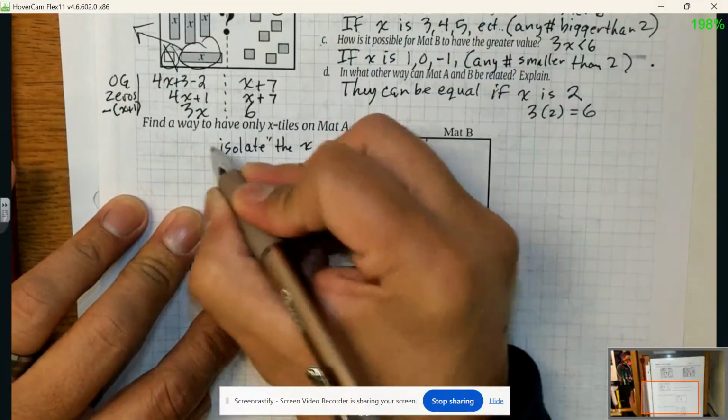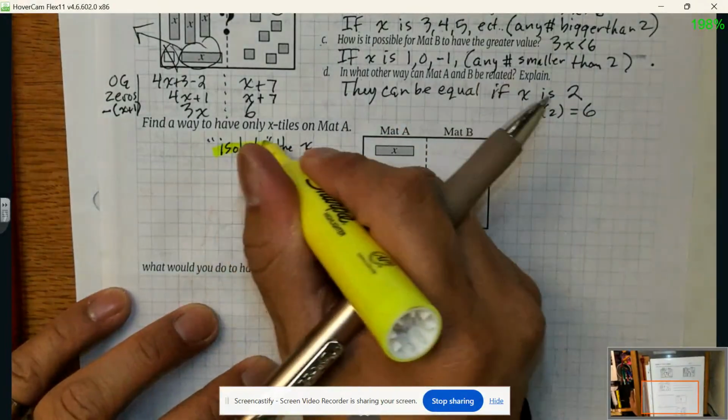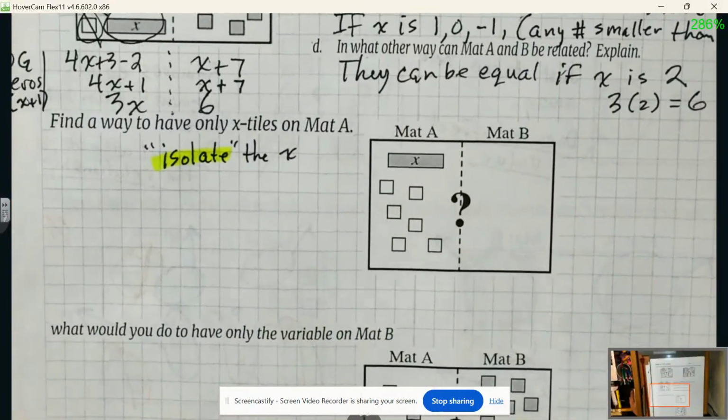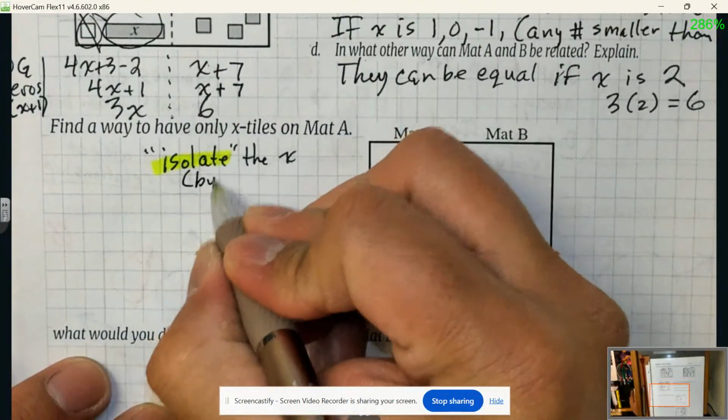This is an important word that we're going to be seeing a lot more in math from this moment on. So we need to isolate the x, in other words, get it by itself.